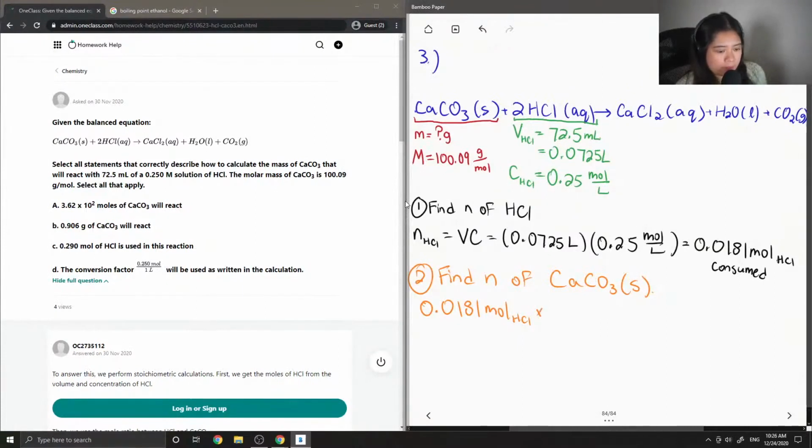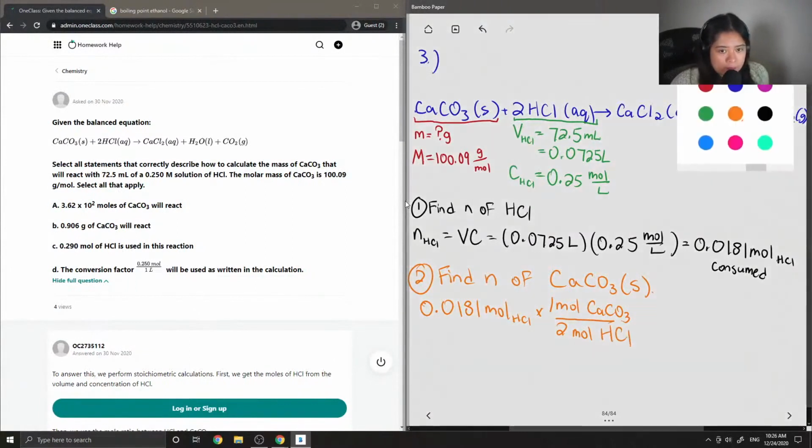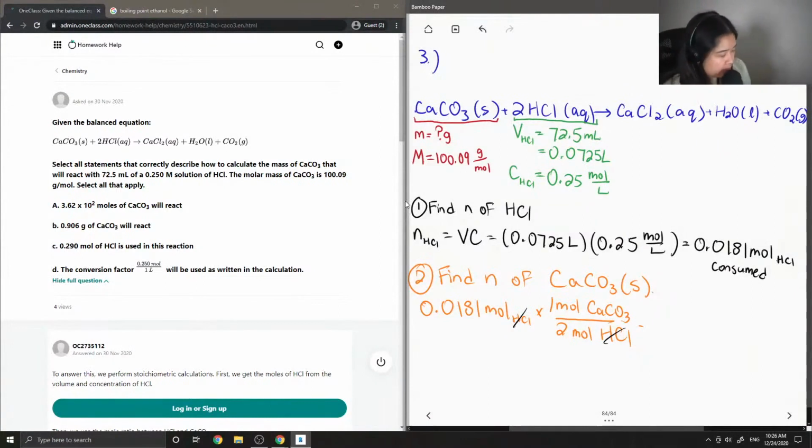The molar ratio is 1 mole of calcium carbonate reacts with every 2 moles of HCl. So this will cancel out the HCl and give us the moles of calcium carbonate. We pretty much have to divide the number by 2, and you end up with around 9.05 times 10 to the negative 3 moles of calcium carbonate reacts.